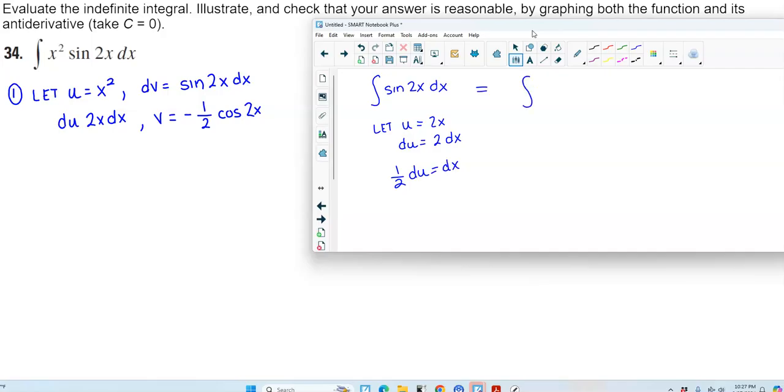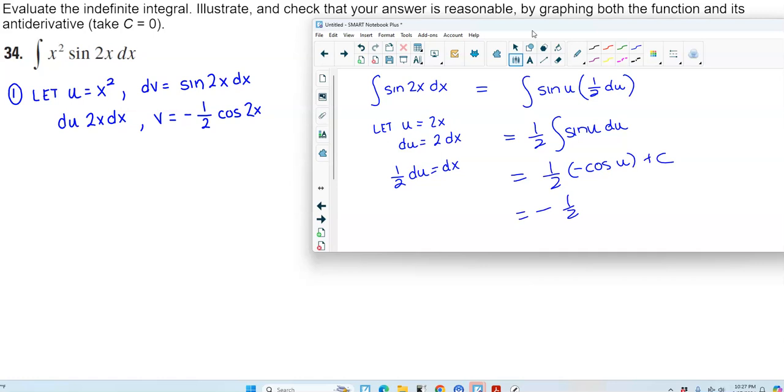And then we would say this is the sine of u times 1/2 du. Factor out the 1/2. And then the antiderivative of the sine of u is negative cosine of u, which would be negative 1/2 cosine of u, which is 2x.